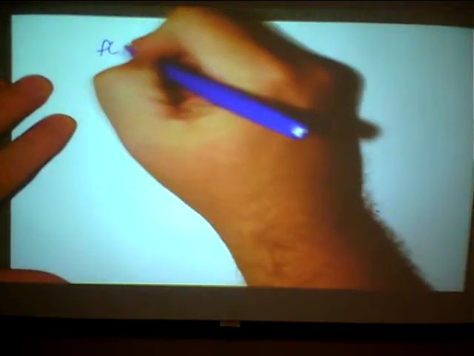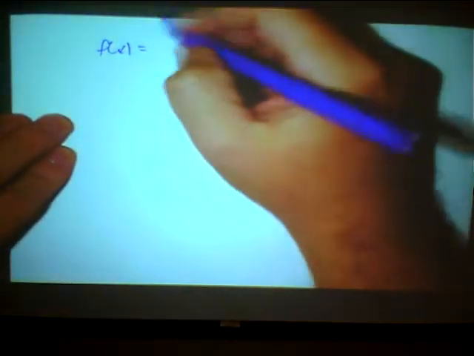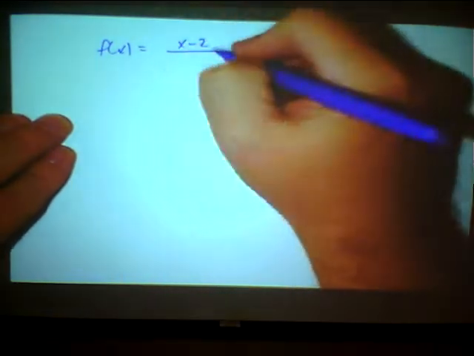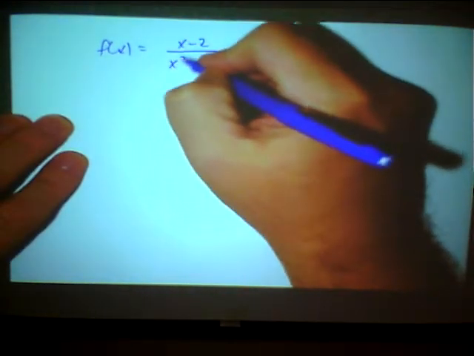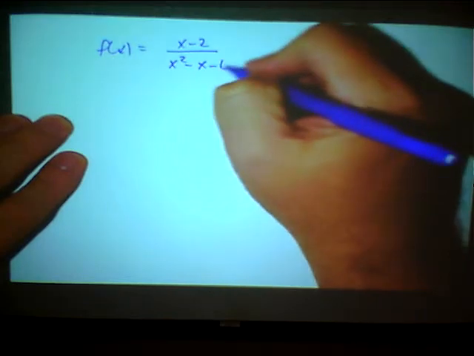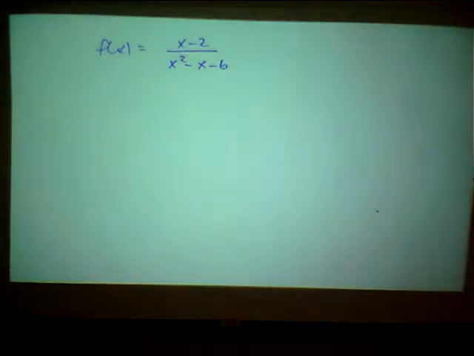All right, one more example, even a little bit more involved. How about f of x equals x minus 2 over x squared minus x minus 6.